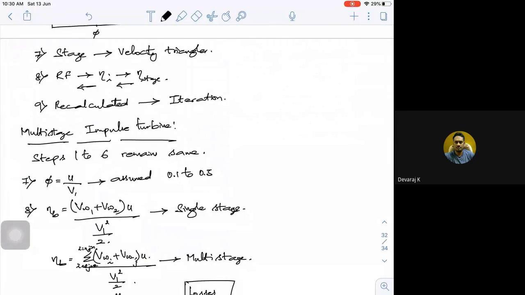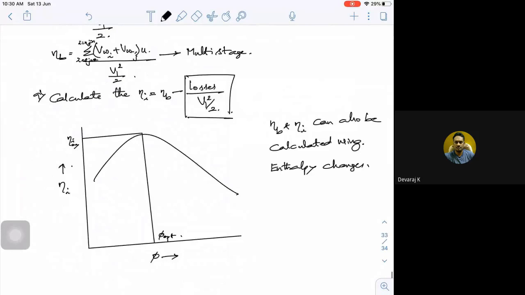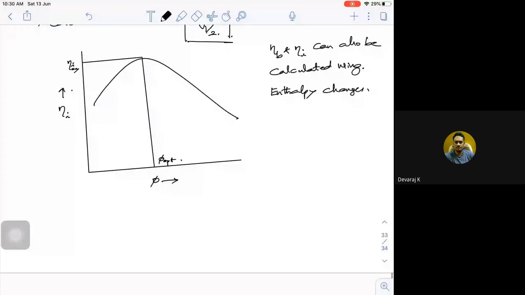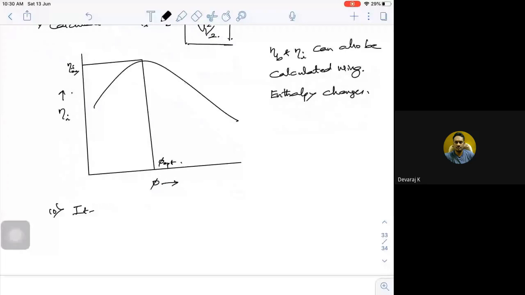Based on your inlet, you calculate the reheat factor, your internal efficiency, your stage efficiency, through iterations until you get the optimal value. Even mass flow rate is the same thing. Whatever you did, everything is repeated again and again.